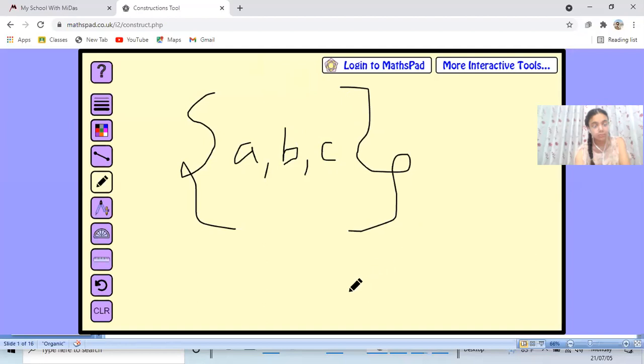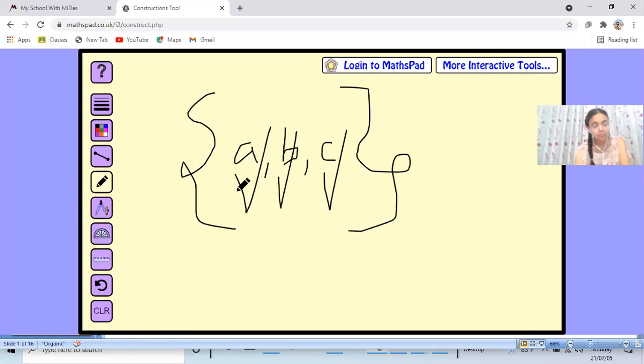You have read that in lower classes also, isn't it? If you can easily tell the members of this collection, its members are A, B and C, that means this is a well defined collection. This type of well defined collection is known as a set.